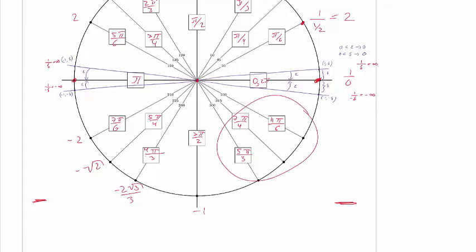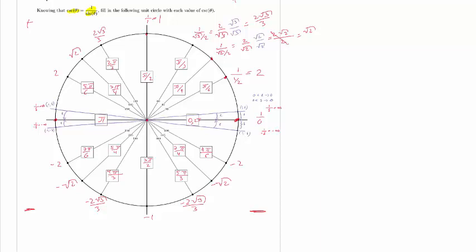And so note for all three of these here that the numerator is 2 times the denominator, take away 1. All right, so let's go ahead and fill the values. It's going to be repeating this pattern here verbatim. So we have negative 2 root 3 over 3, negative root 2, and then negative 2. All right, and that's it. We've got all the values for cosecant theta.